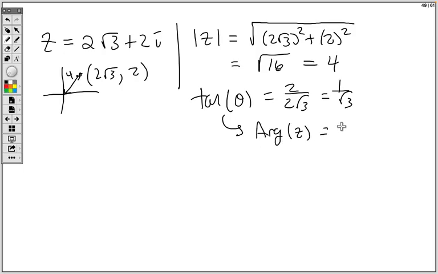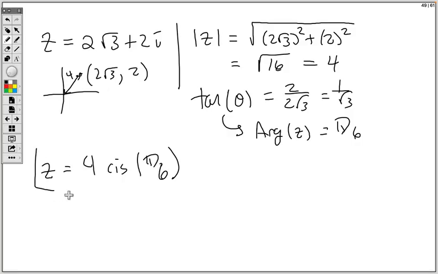So the argument is pi over 6. So one version of the polar form here would be 4 cis pi over 6. And once again, you can always check. Expand out cosine plus i sine. Cosine of pi over 6 plus i sine pi over 6, multiplied by 4. You should get back to the original z. So here's our polar form of z.